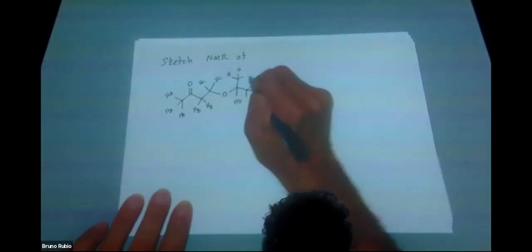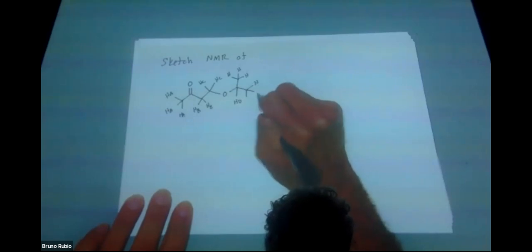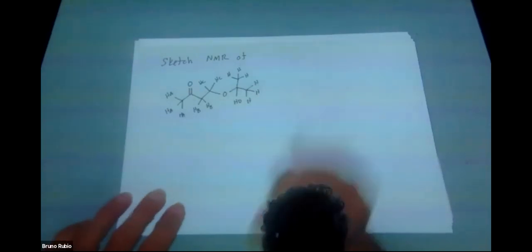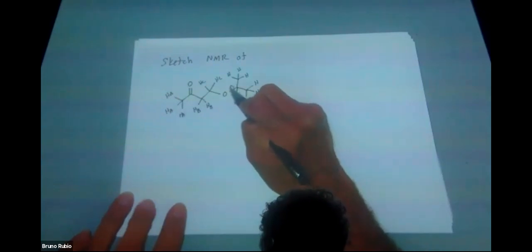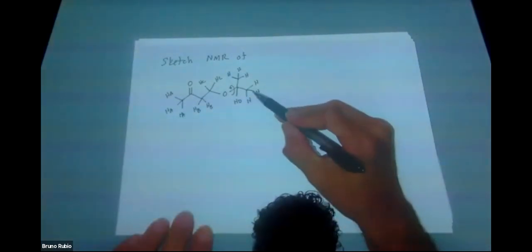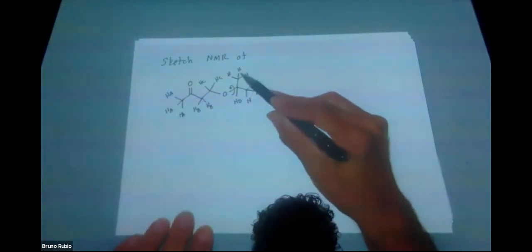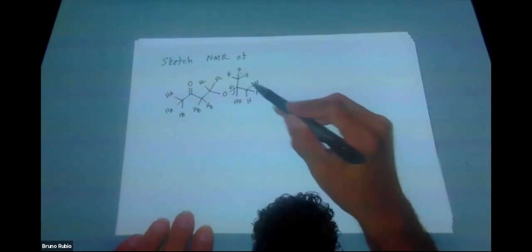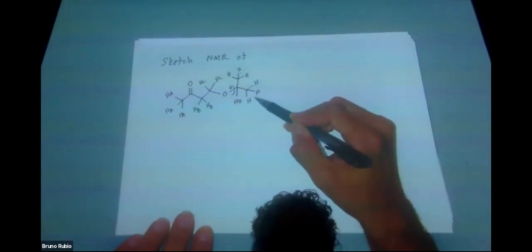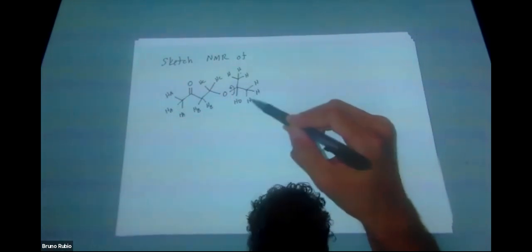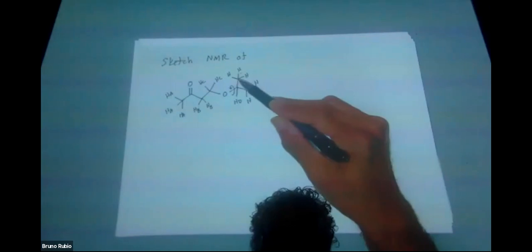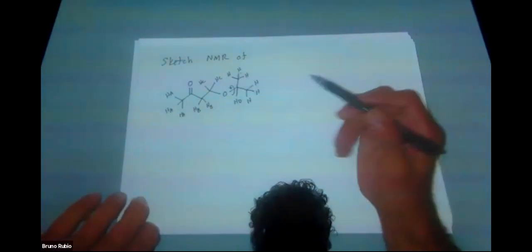because of a rapid mechanism, not symmetry, this bond is rotating billions of times per second at room temperature. And so this methyl group becomes this one, and this methyl group becomes this one, right? It's not symmetry. The molecule isn't frozen in this shape. This methyl group is spinning up here, and this methyl group is spinning down there.